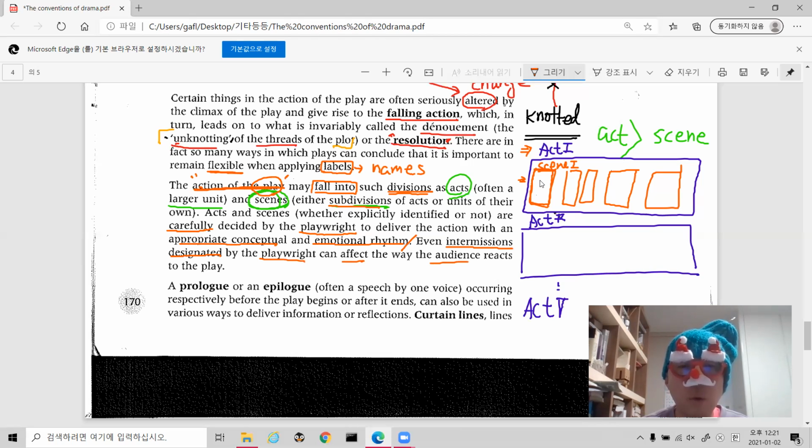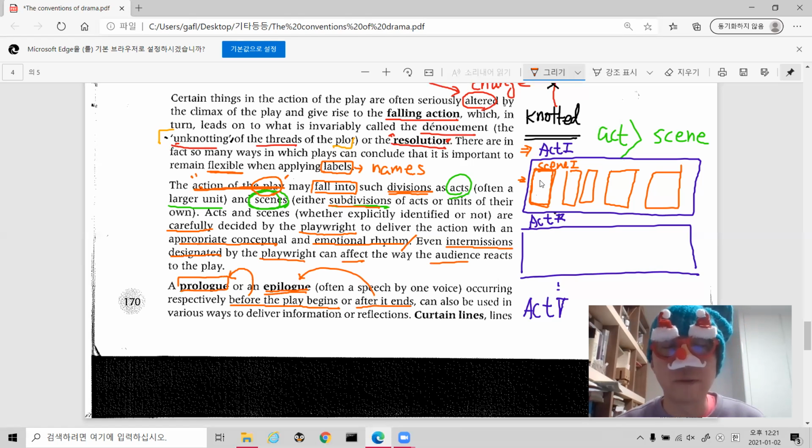And the prologue or an epilogue occurs respectively before the play begins or after it ends. So the prologue is the story before the main play begins. On the other hand, the epilogue is a story after the main story is ending.